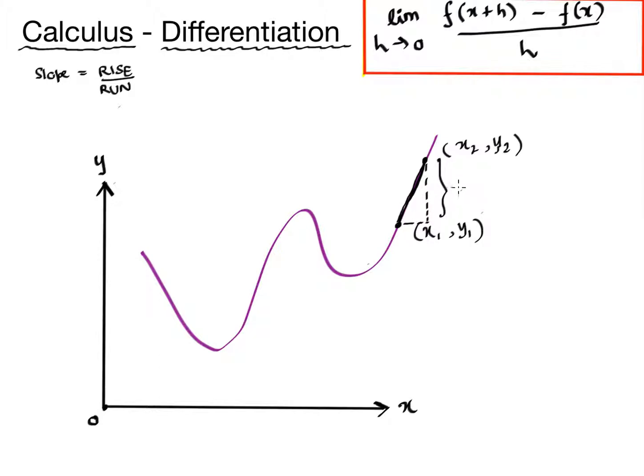The rise is y2 minus y1, and the run, or the amount we go in the x direction, is x2 minus x1. So essentially, the slope at this point, or tan of theta, where theta is this angle, equals m, which is equal to y2 minus y1 divided by x2 minus x1.